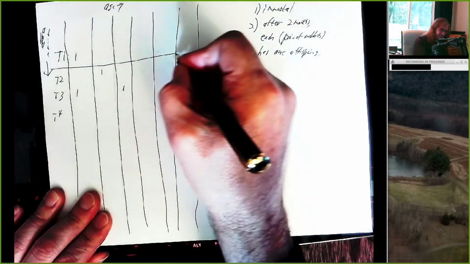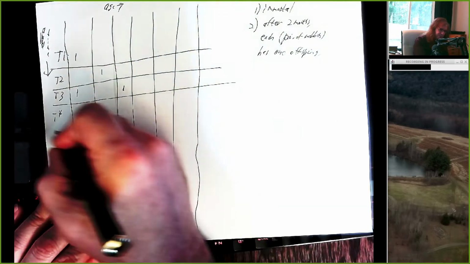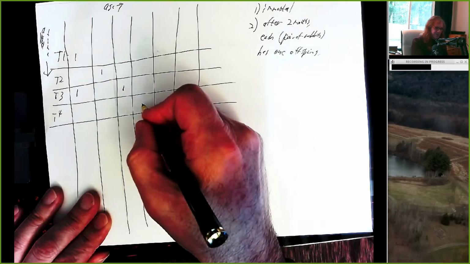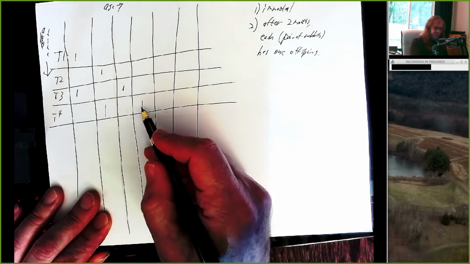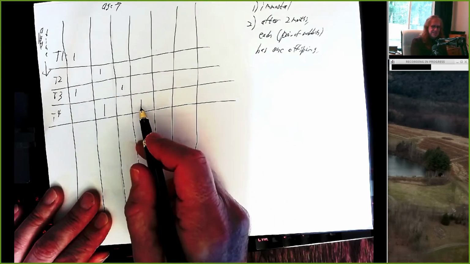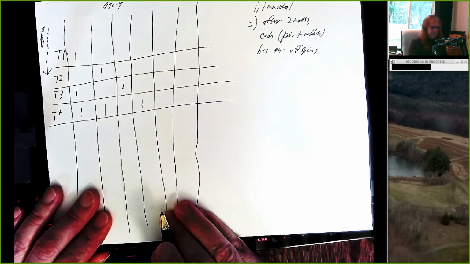Let me put some things here to line things up. Okay, a month later, what happens? This rabbit has gotten a month older. This rabbit has gotten a month older. And since this rabbit is past the age of reproducing, it has another offspring, and we have another newborn rabbit.